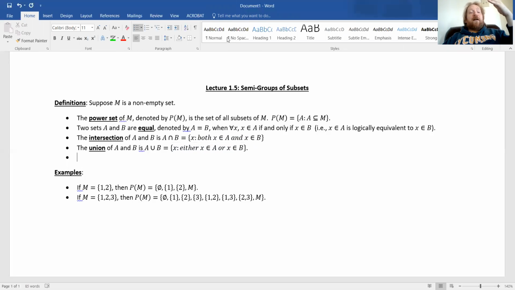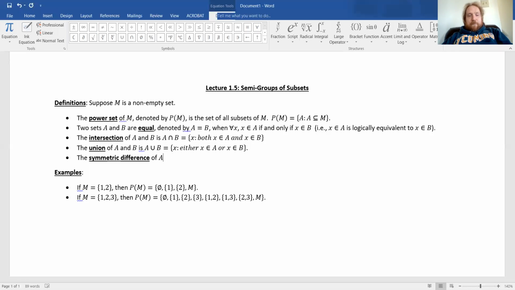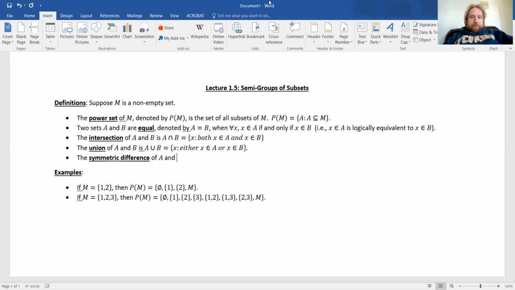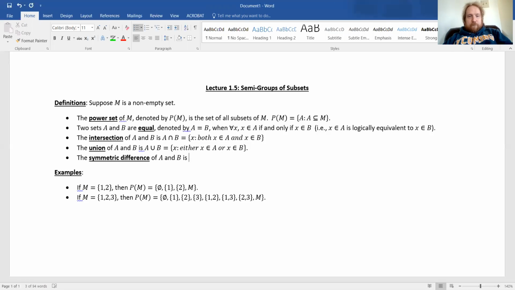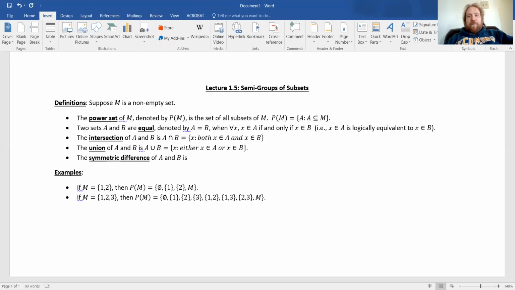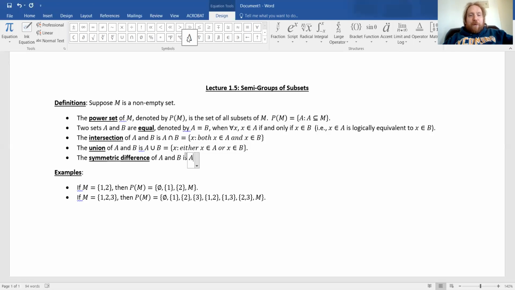And I can get a new set if I look at the symmetric difference. So the symmetric difference of A and B, and we'll use a triangle for symmetric difference, is the set of all X such that either X is in A or X is in B, but not both.